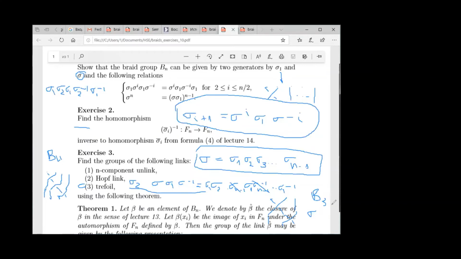Sigma 1, sigma 2, sigma 1 equals sigma 2, sigma 1, sigma 2.